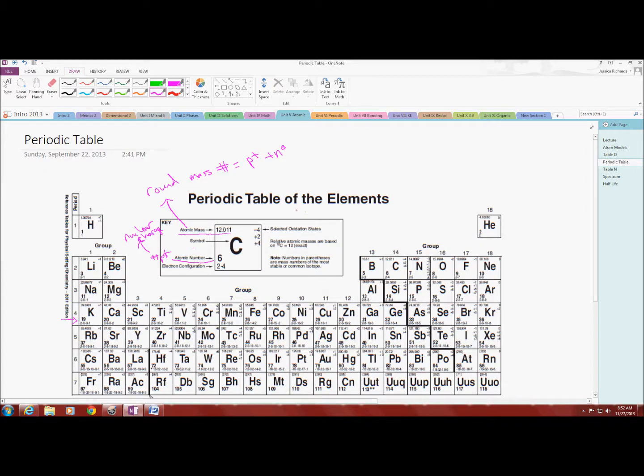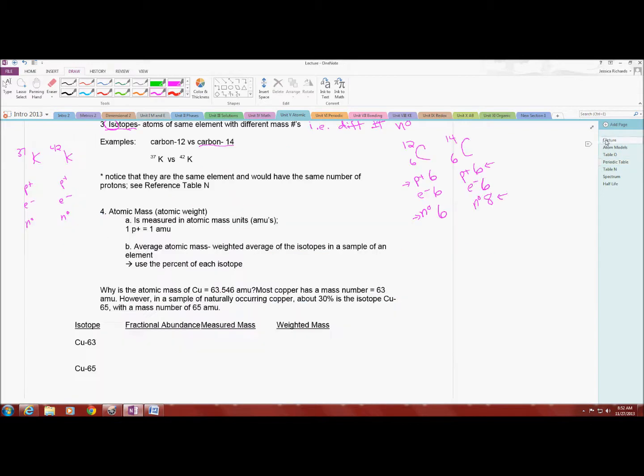Potassium is element 19. So I can put 19 in for my atomic number. The 19 I got from the periodic table. The farther this ratio gets from 1 to 1, the more unstable your nucleus is. Potassium-42 is going to be your radioactive isotope. Okay? All right.